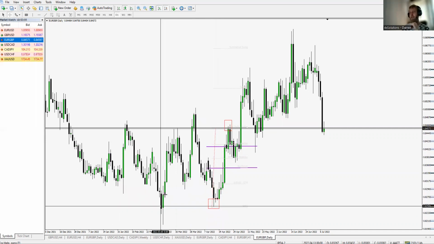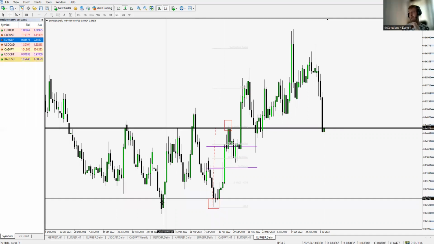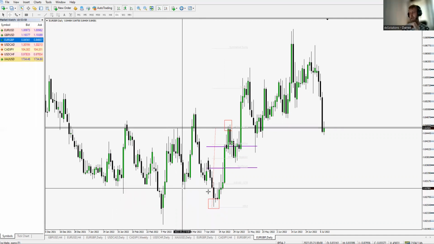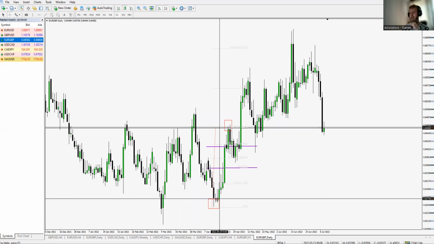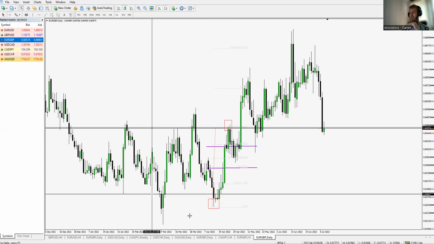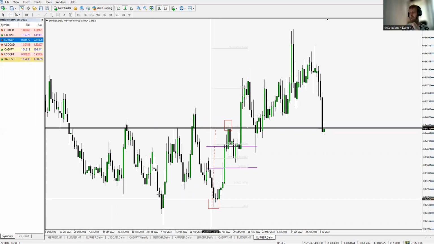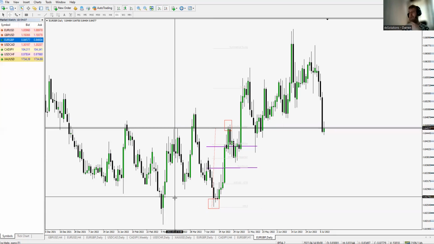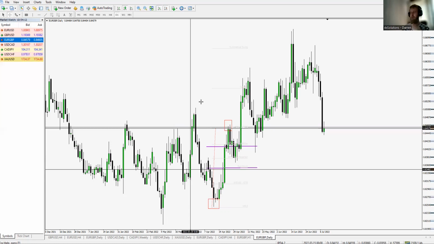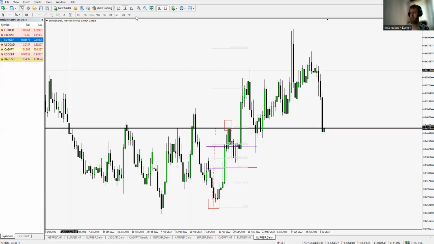So they've accumulated longs down here, and underneath this low as well is in some kind of discount over here. And when they've accumulated enough orders down here, where will they likely want to distribute those orders? Well, it will be above old highs, as we saw.